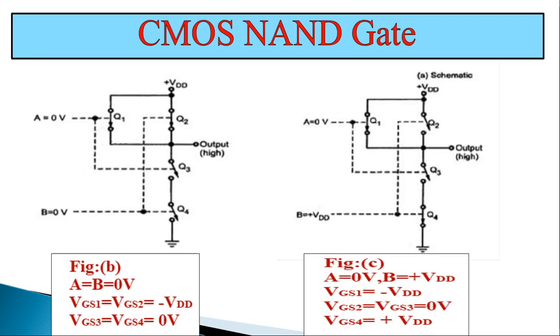Since the gate to source voltages of Q3 and Q4, that is N channel MOSFETs, are both equal to 0 volt, that is VGS3 and VGS4 are equal to 0 volt, those MOSFETs are off, and therefore the output is connected to plus VDD or high voltage through transistors Q1 and Q2 and is disconnected from ground as shown in figure B.